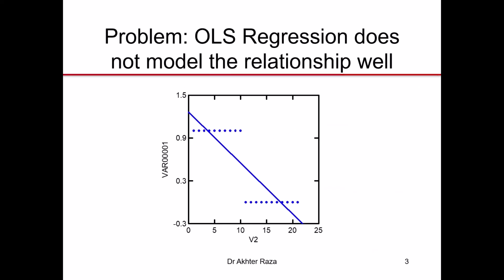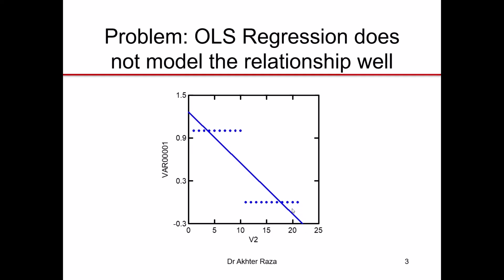If we predict the probability by using ordinary regression, which is referred to as OLS, ordinary least square, it does not model the relationship well. The probability model will be like a straight line. The value is around 1, very high, or the value of y is about 0, very low, but it can go negative.